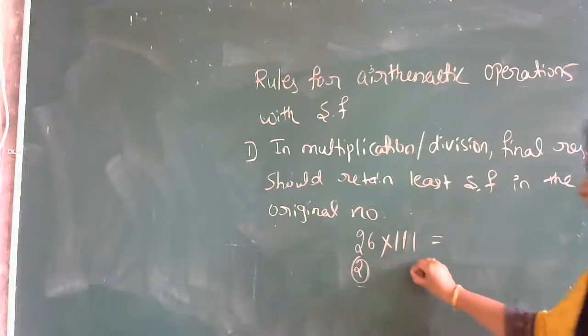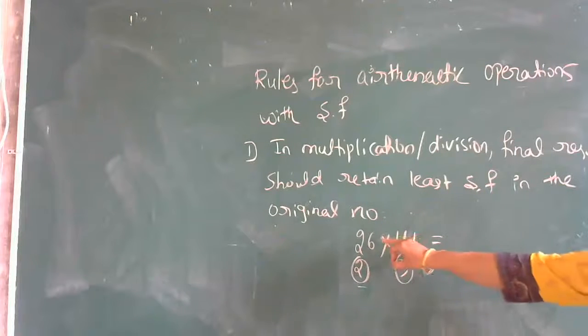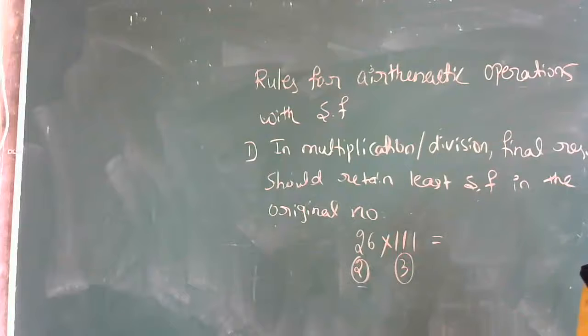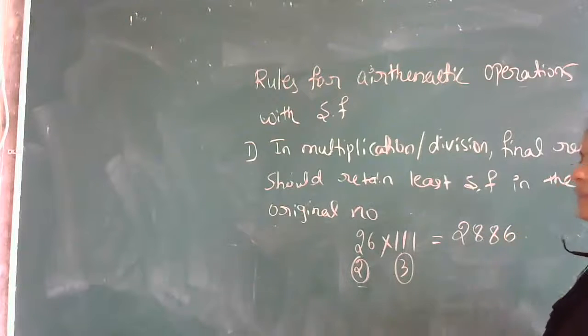It is 3. If you multiply 26 into 311, what answer will you get? If you have a calculator, you can do it, or else I'll write the answer. If you multiply 26 into 311, the answer is 2886.